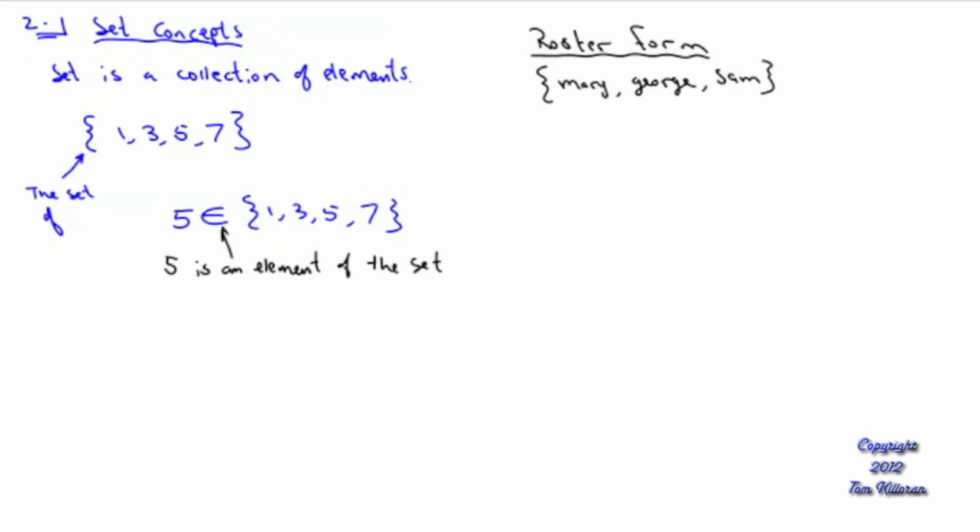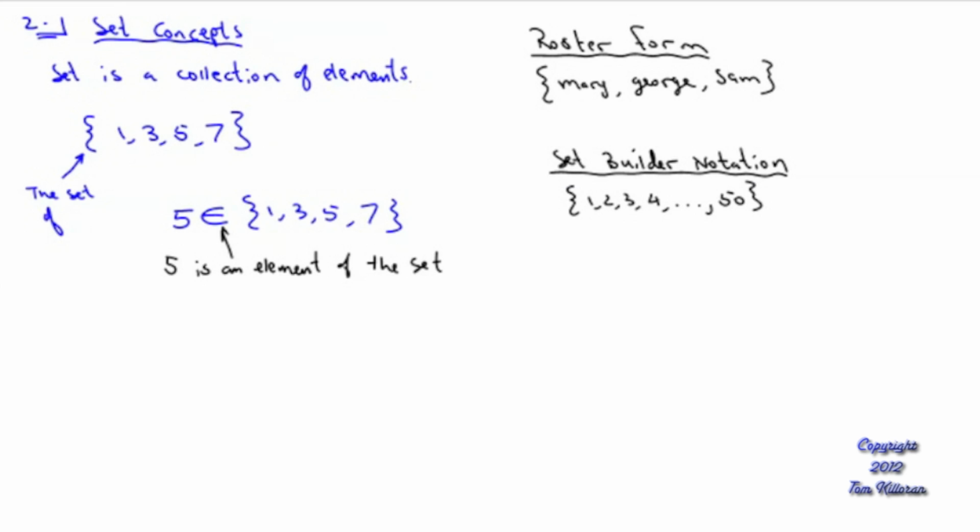Then there is something called set builder. Now set builder notation comes in handy when you have a set like this. That is not a perfect roster form.